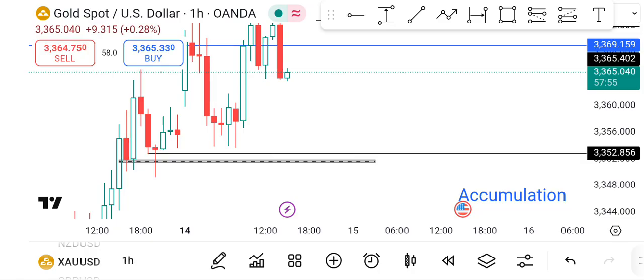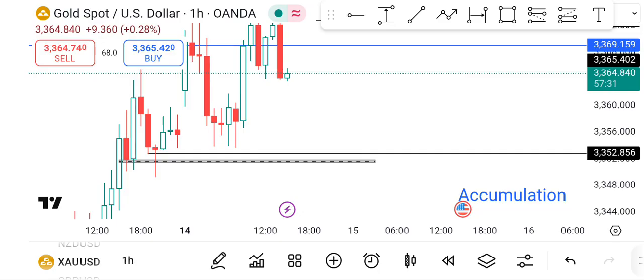CRT is one of the easiest strategies that I consider. I have various strategies, but I consider CRT the easiest strategy that I trade.